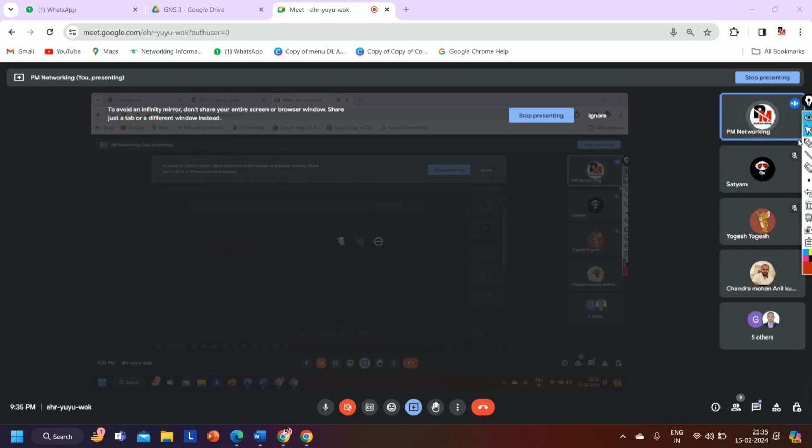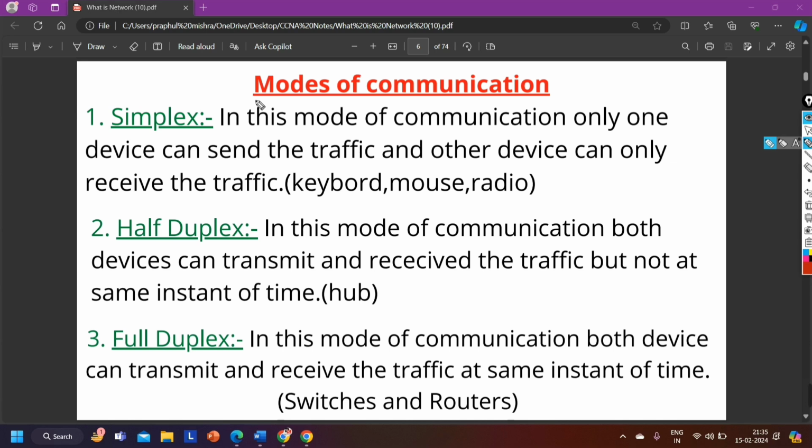So in technical words, what is simplex? In this mode of communication, only one device can send the traffic and the other device can only receive the traffic. Examples of simplex can be your keyboard, mouse, radio.